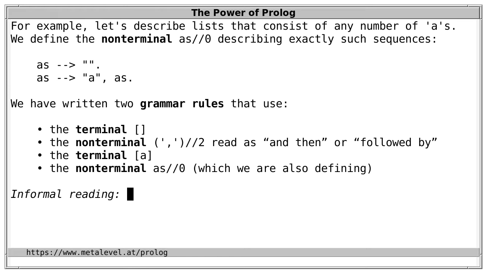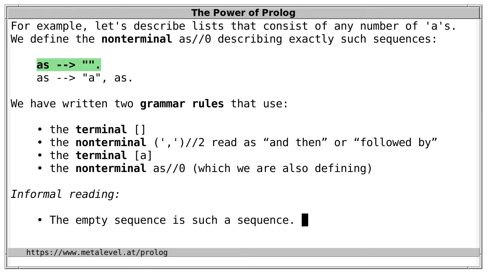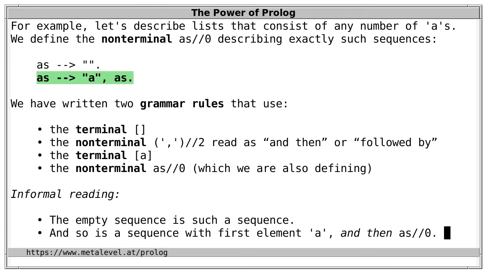And we can read this DCG informally as: the empty sequence is such a sequence. And so is a sequence with first element A and then A's. So this example DCG is very convenient to read and write and also easy to understand. We describe sequences and we can read the definition by considering the alternatives.